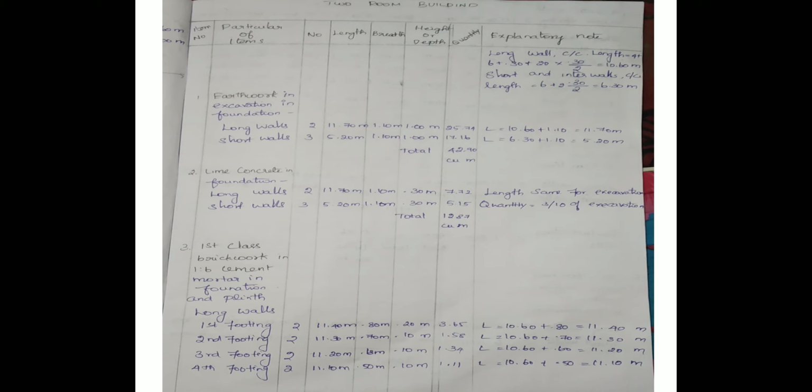Third one is the first class brickwork in 1:6 cement mortar in foundation and plinth. Long walls, first footing 2, 11.40, 0.80, 0.2, that makes a total of 3.65. Second footing 2, 11.3, 0.70, 0.10, 1.58. Third footing 2, 11.20, 0.60, 0.10, 1.34.